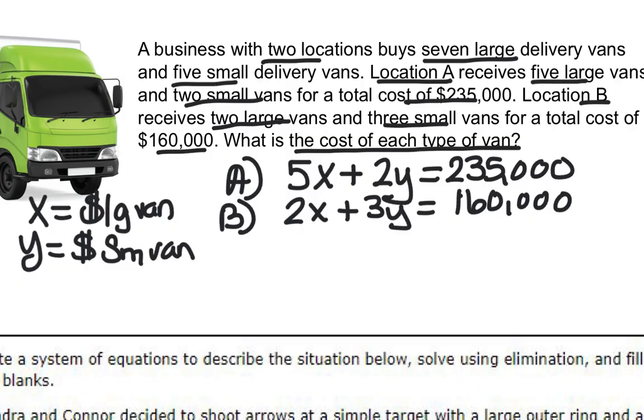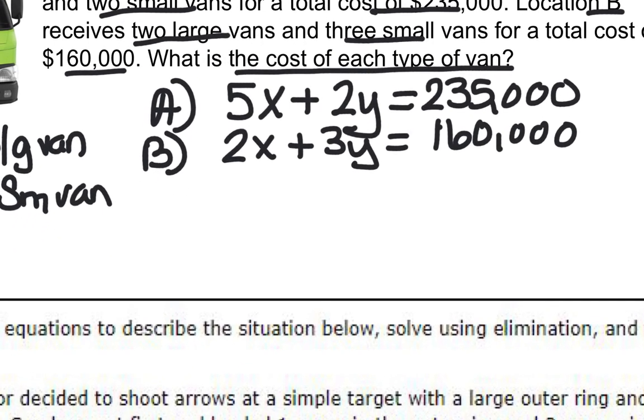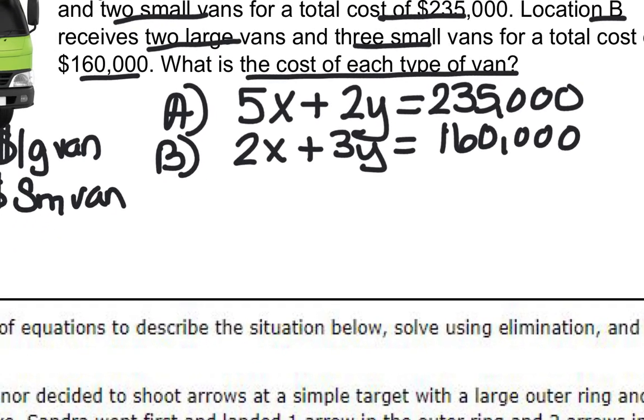All right. What do you want to get rid of, the X's or the Y's? It doesn't matter. We'll do either one. How about let's just get rid of the Y's. So we got a +2 and a +3. What's the smallest number that 2 and 3 will go into? 6, right? So my goal is to make one of these +6 and one of them -6.